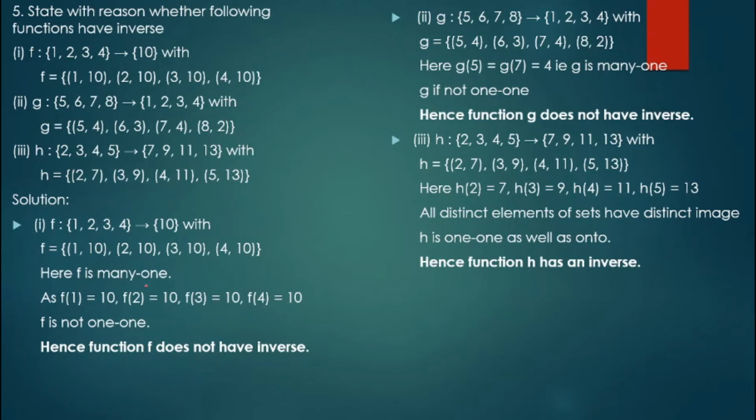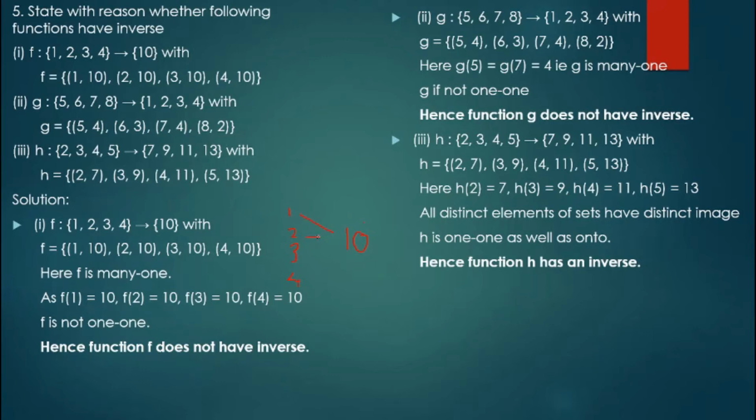Here f is many-one. Why many-one? If 1, 2, 3 and 4 all go to, all are getting paired with 10.